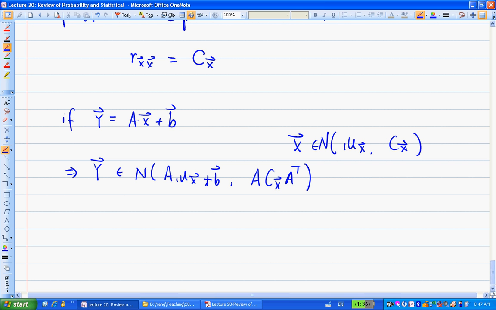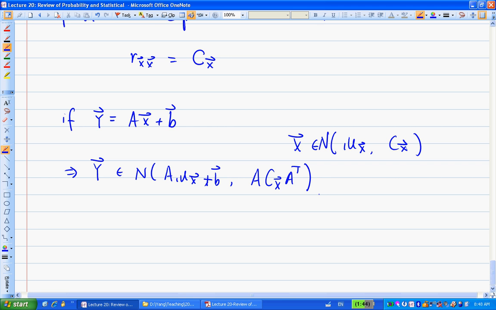So that's a linear transformation, very much like a similarity transformation, right? So if you have the x now, you don't have to compute y. You can just simply use this relationship to obtain y's mean and y's covariance matrix, right?